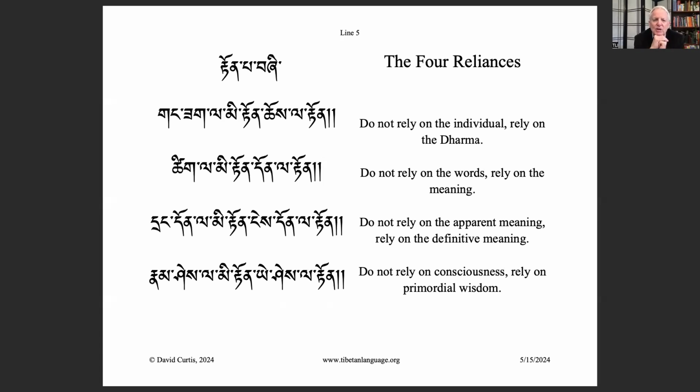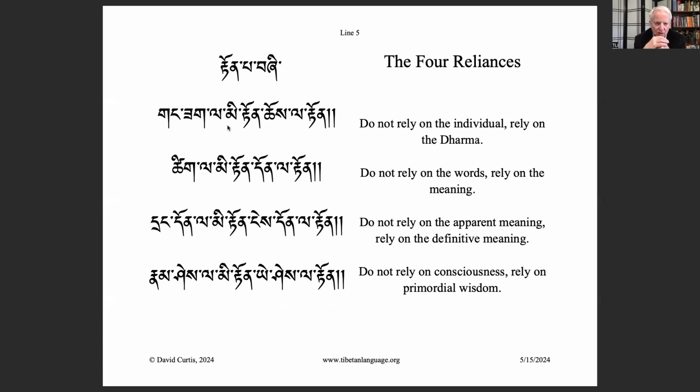Okay, so the Tunpa Ji, the 4 reliances. Gongsak La Mitun, Chulatun. Don't rely on the individual, rely on the Dharma.